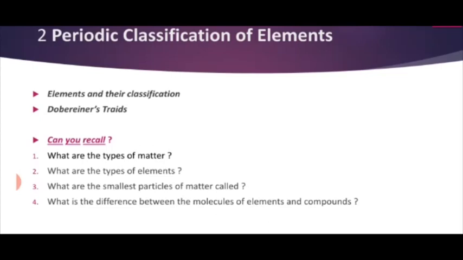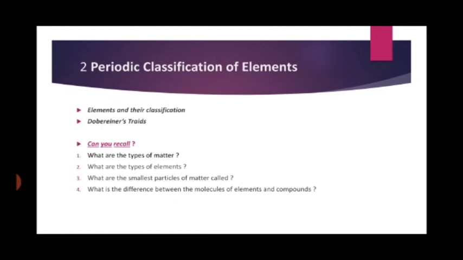Fourth question, what is the difference between the molecules of an element and of a compound? In the molecule of an element, the atoms are of the same kind, one type.